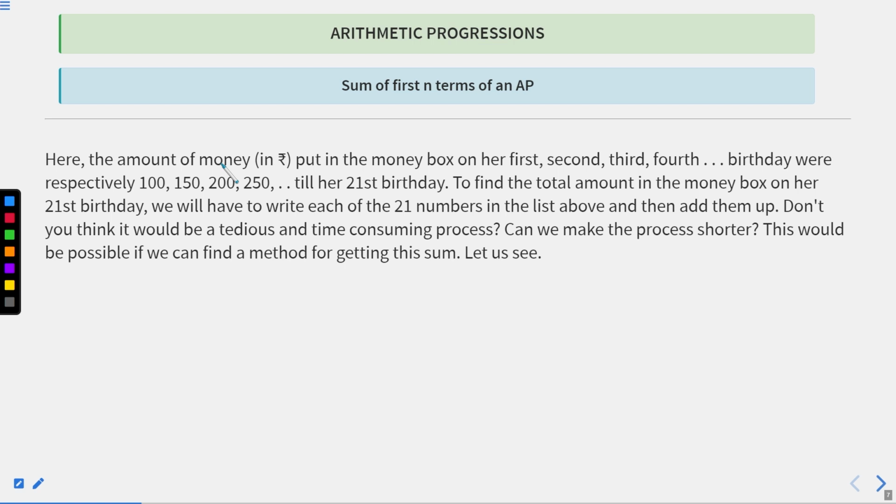To find the total amount in the money box on her 21st birthday, we would have to write each of the 21 numbers in the list above and then add them up. Don't you think it would be a tedious and time consuming process?